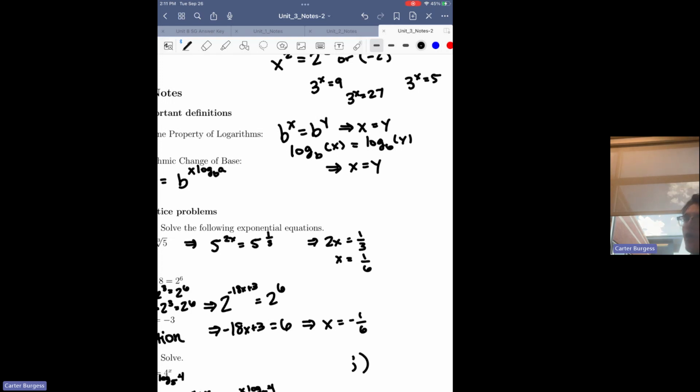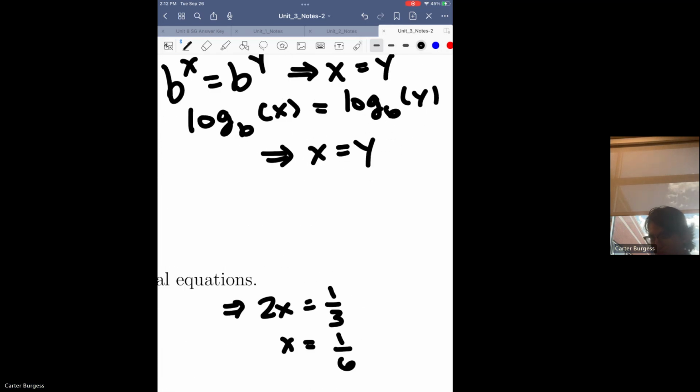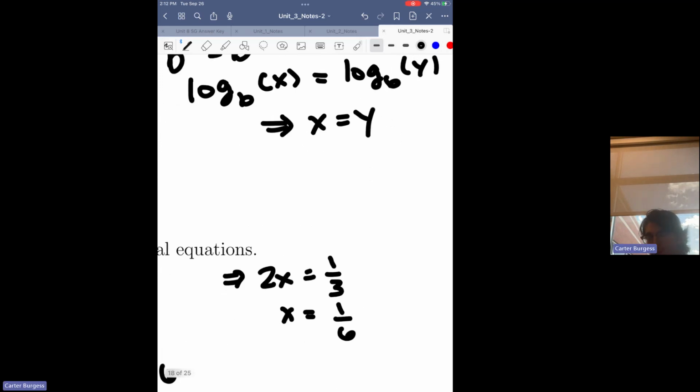So just like before, where if we can get it into base to a power equals same base to a power, where we can set the powers equal, here, if we can get log base something of something equals log base something of something, we can set those somethings, the results inside of our logarithm, equal to each other. So exactly what we see here. Same logic, just going the opposite direction with our one-to-one property for exponents.